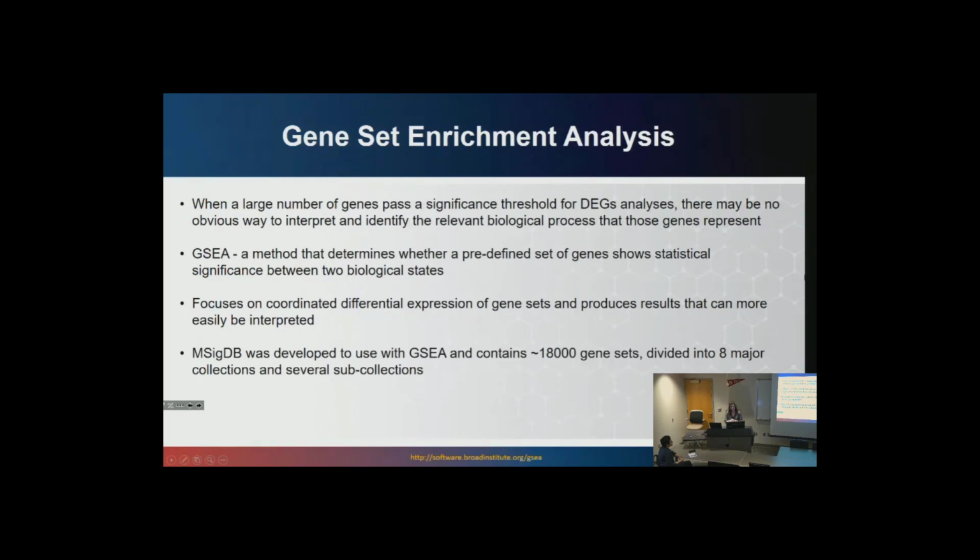For this analysis, a molecular signature database was developed by the Broad Institute and the University of California, San Diego many years ago. The database contains about 18,000 gene sets divided into 8 major collections, and each collection has several sub-collections.